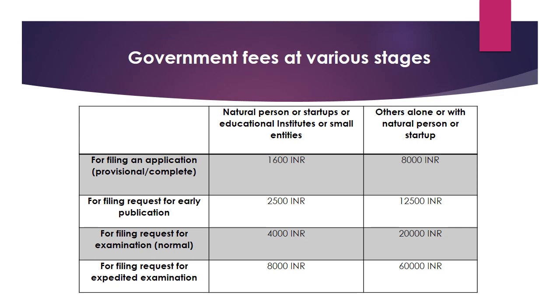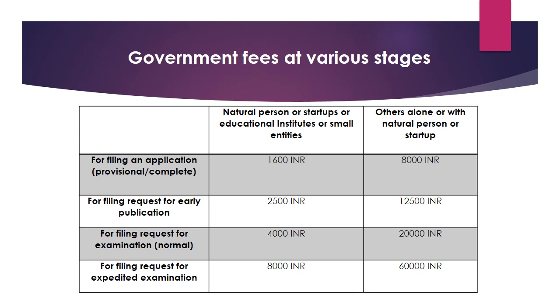Once you file your patent, you have to request the patent office to please examine your patent application. For this request you need to pay 4000 rupees, but this is for the normal examination. This may take time. It can take 1 year, 2 years, 3 years or 4 years, depending on your invention, like the field of invention and many things.